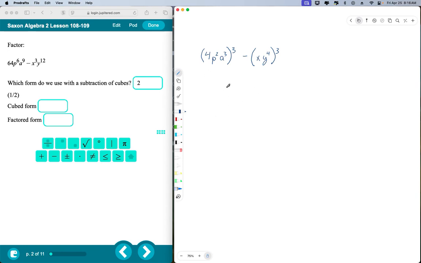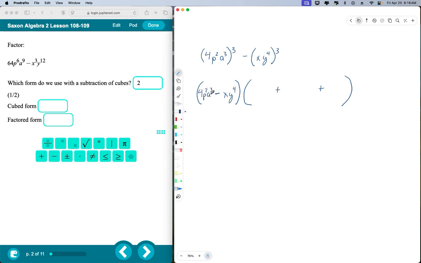The factored form is going to be what we just did a minute ago. This is subtraction, so it is going to be minus here, plus, and we drop in our terms. So we take this one the way it is, 4p^2a^3 minus xy^4.